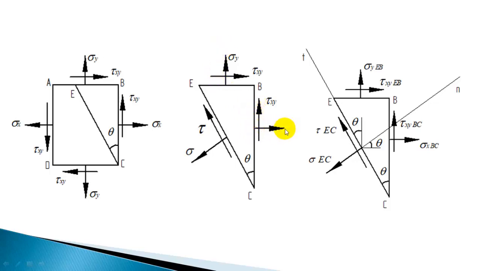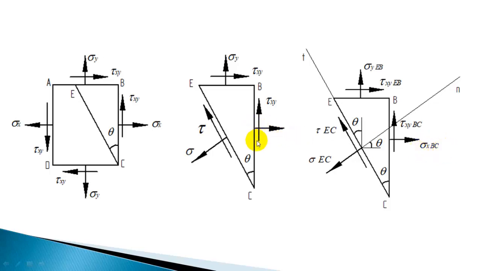This is sigma x. Sigma x is acting on this face. The area of this face is BC into the thickness normal to the screen, which is 1. So BC into 1 is the area of that face. So sigma x into BC into 1 will give the force. Here I have shown the stress, but here this is force: sigma x into BC.